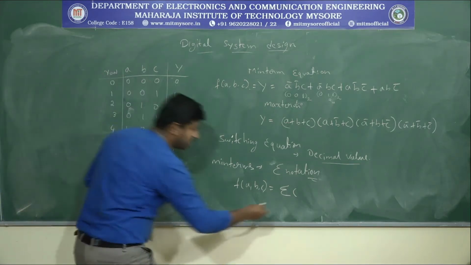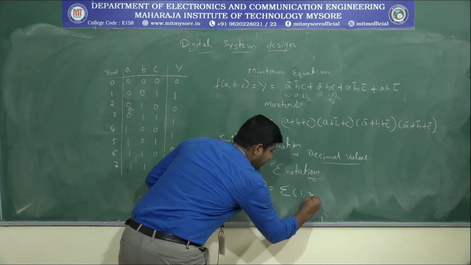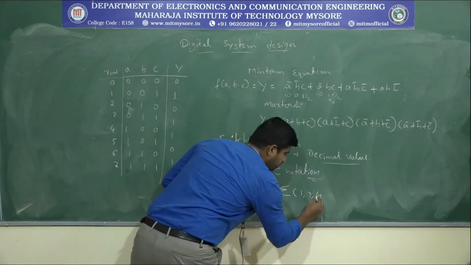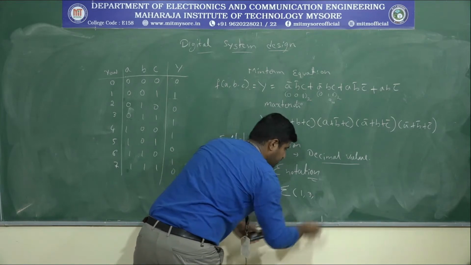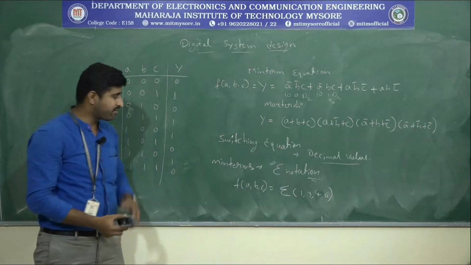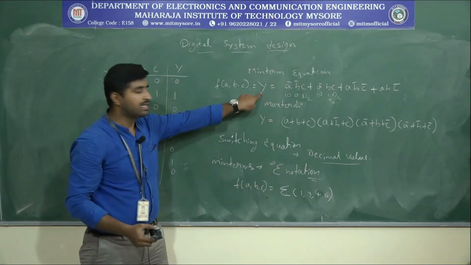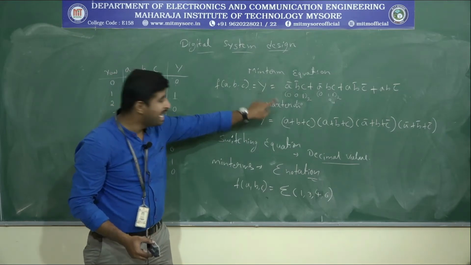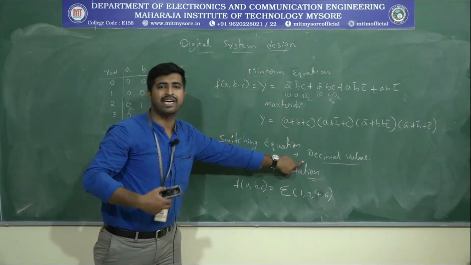So that means 1, 3, 4, and 6. Both are equal. Instead of writing the variables, we can represent them in decimal values just for convenience.